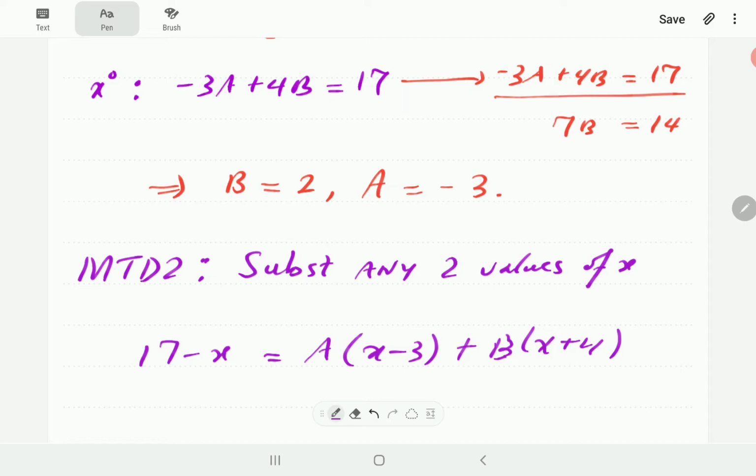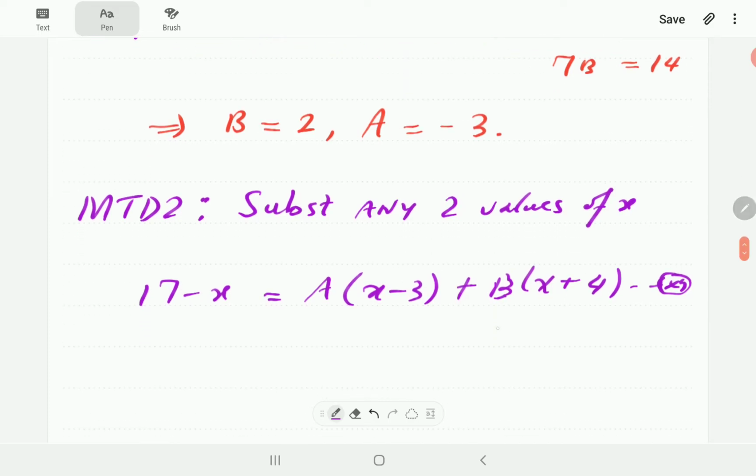Okay, so the idea is this. This equation here is true for any value of x. Okay, so the two sides, it doesn't matter which value of x you choose, these two sides are going to be equal.